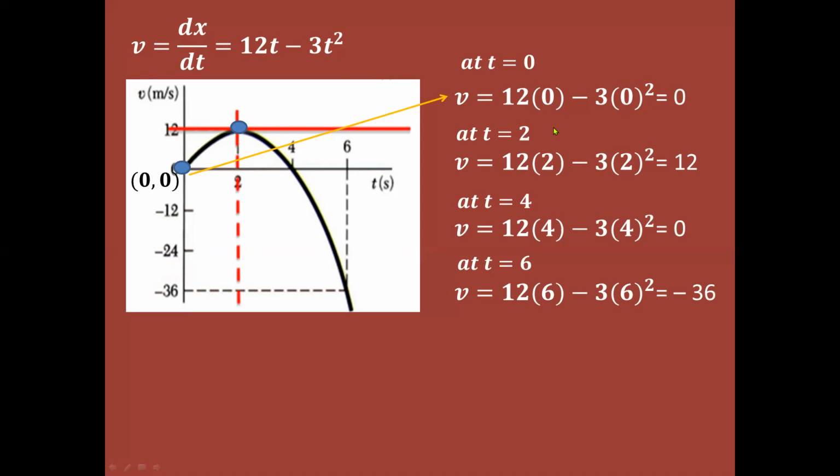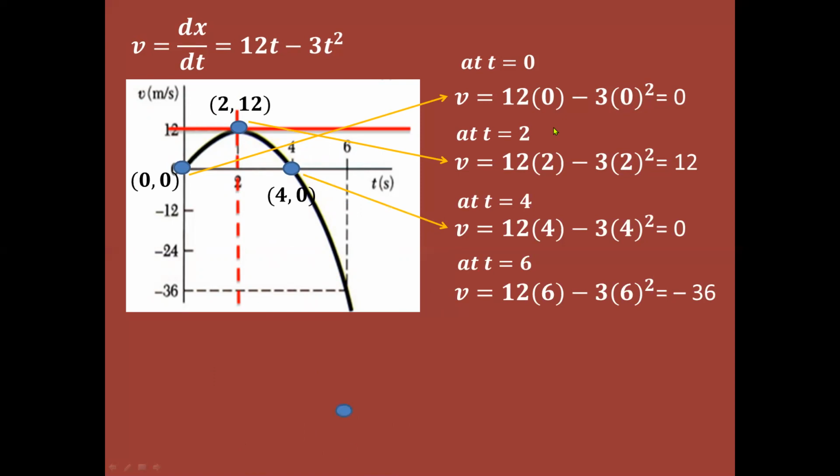meters per second. I think this is the maximum velocity that we can have. Coordinates, we have 2 and 12. Our third coordinate, by using the time of 4 seconds, we calculated the velocity of 0. Its coordinates are 4 and 0.